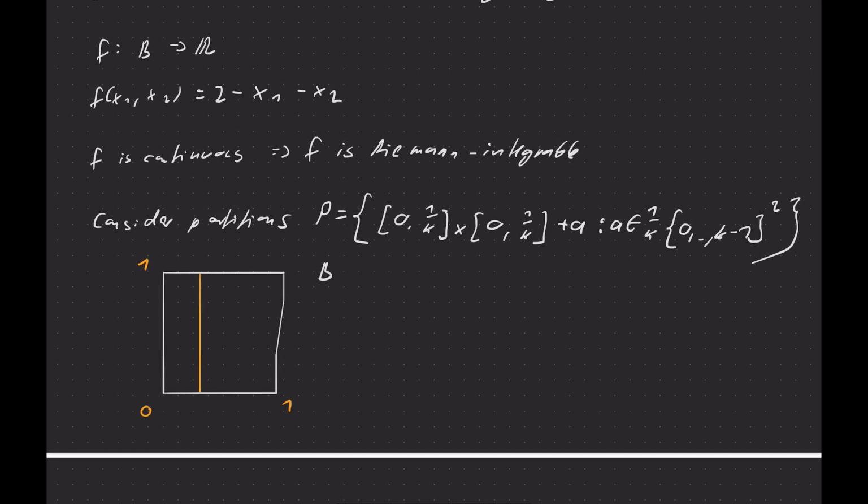It looks like this here. Basically, that's the idea. We're taking boxes of side length 1 over k. So in this example, this is 1 over 3. This is 2 over 3, and same here. Okay, so the side length is 1 over 3. What we're seeing here is the case k equals 3 then.